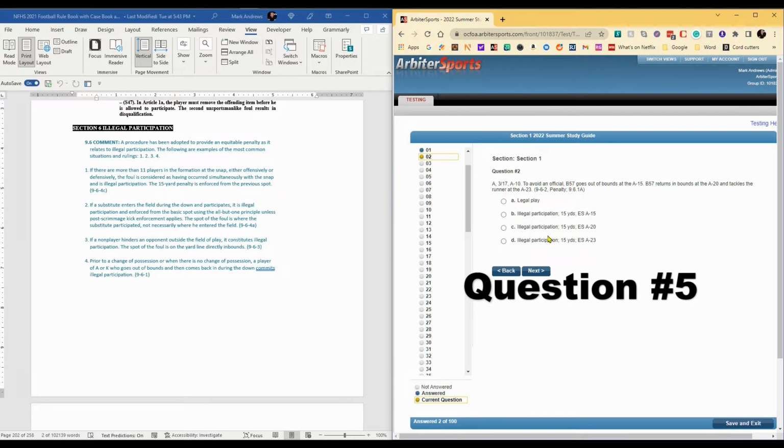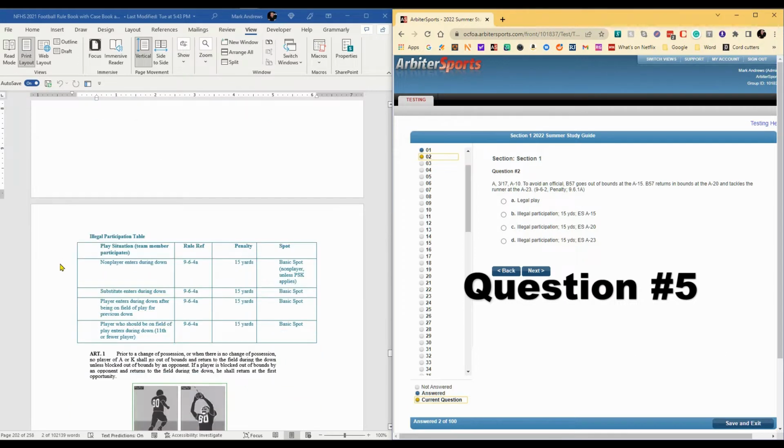So, illegal participation is an interesting foul. Here it is right here, 9.6, and there's nowhere else in the rule book that I can think of that the rule starts off with comments. And it basically gives you all the different situations where we could have illegal participation by entering the field during the play.